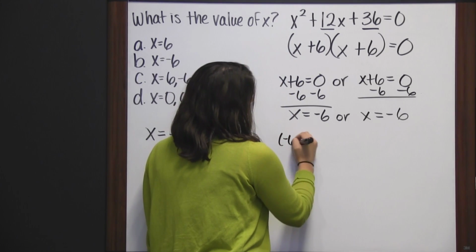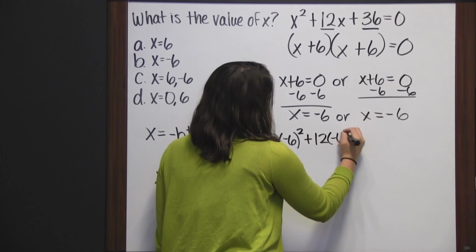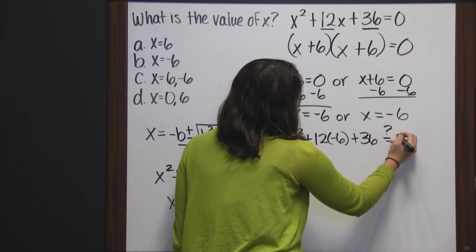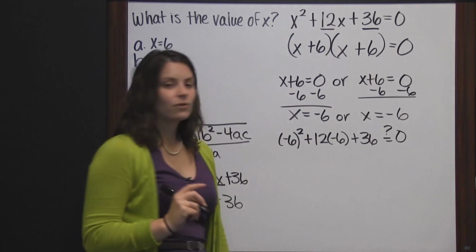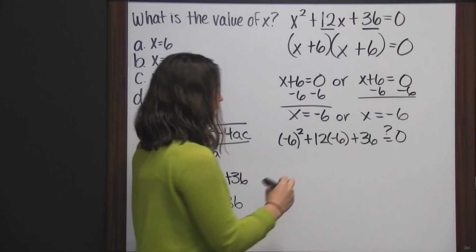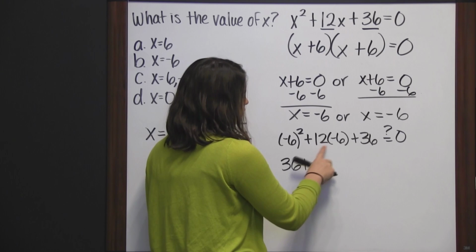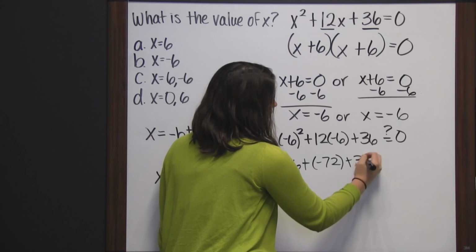So that's negative 6 squared plus 12 times negative 6 plus 36. And what I want to know is, does that equal 0? Negative 6 squared, negative 6 times a negative 6, is 36. Plus 12 times negative 6 is negative 72. Plus 36.